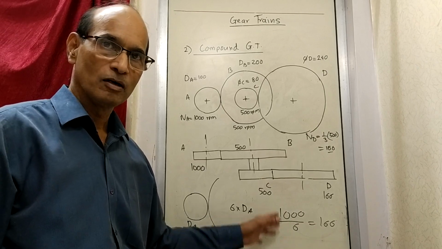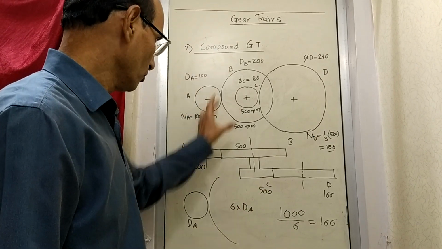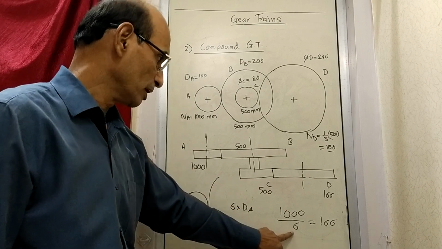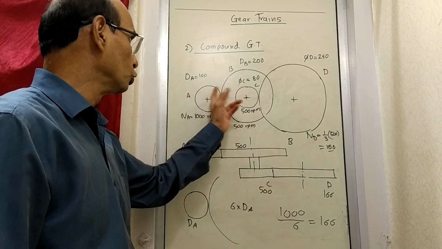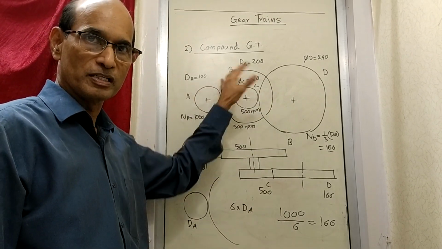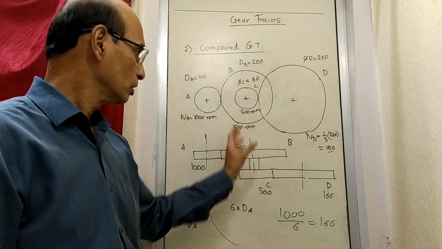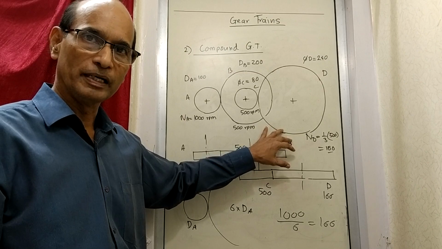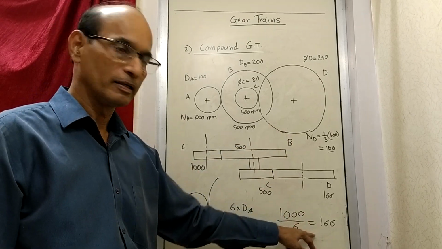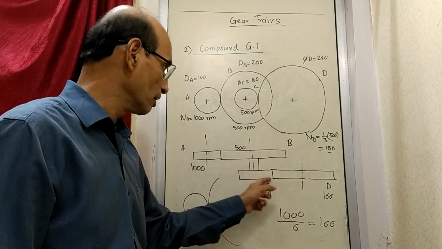So instead of that, they have made this arrangement. The ratio 6 is split into 2 and 3. So first it is made 1/2, then further 1/3 to make it 1/6, and that is how we have reduced the speed like this.